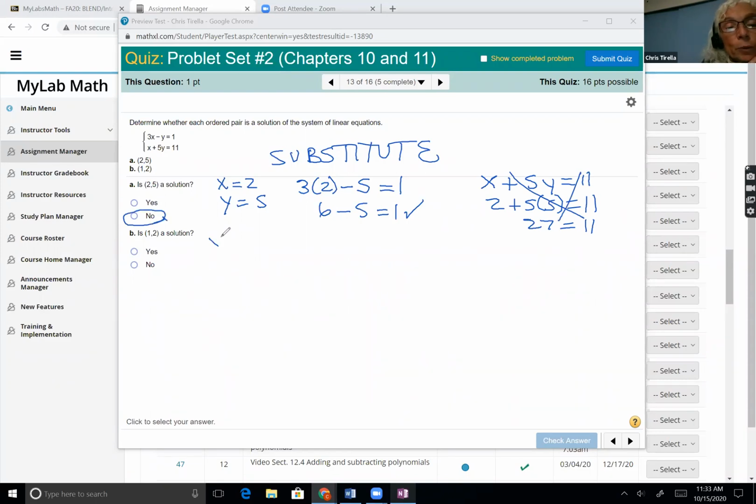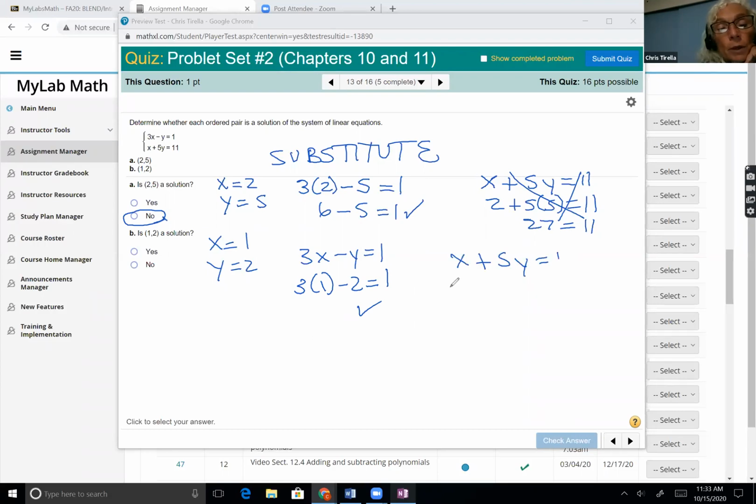And then the second point, we're checking x equals 1 and y equals 2. So in 3x minus y equals 1, does 3 times 1 minus 2 equal 1? Well, 3 minus 2 is 1, so that checks. And then in x plus 5y equals 11, does 1 plus 5 times 2 equal 11?